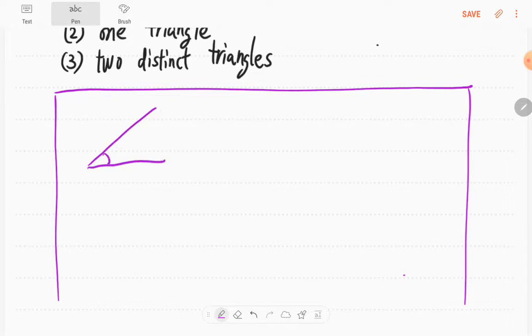If we know this angle A, and we know the side A, then if this side A is less than the height h of this triangle, and A is an acute angle, if A is less than h, then there is no such triangle.